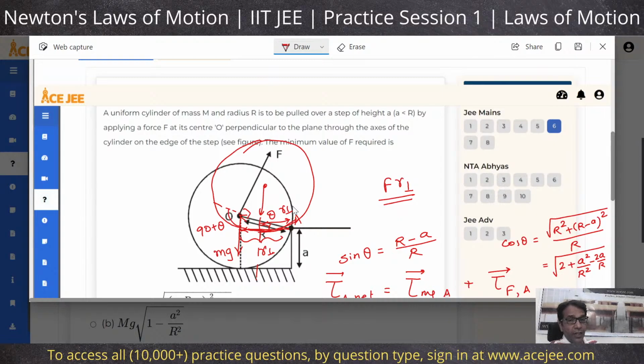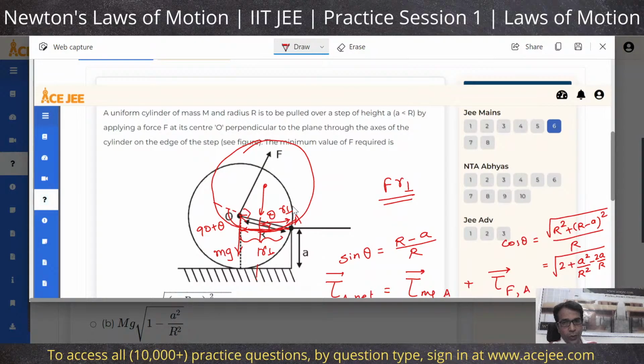In other words, it becomes easier and easier to lift it up as you pull it up. So the hardest point is when the cylinder is on the ground. That's when you have the maximum torque due to mg about point A.